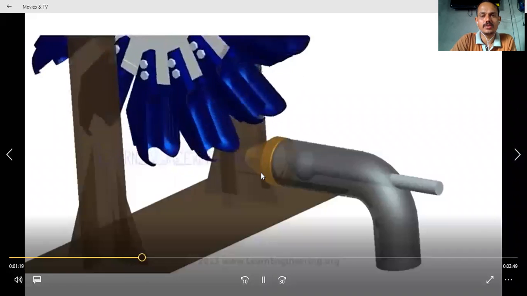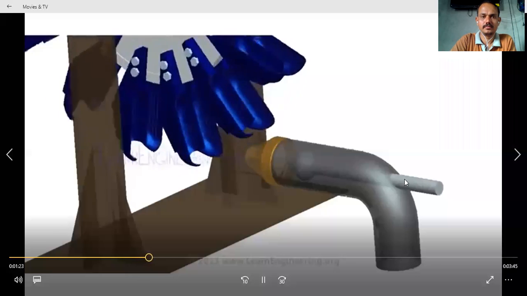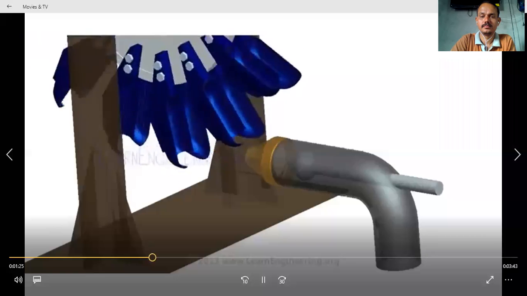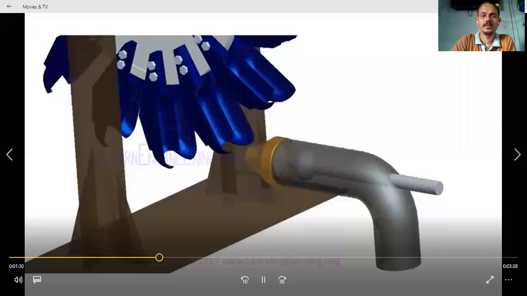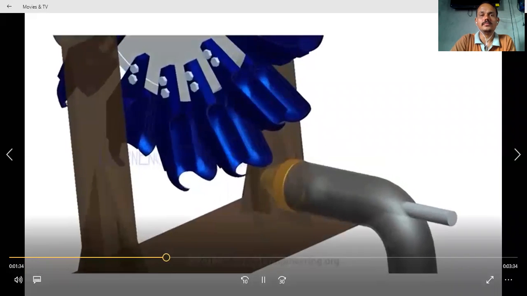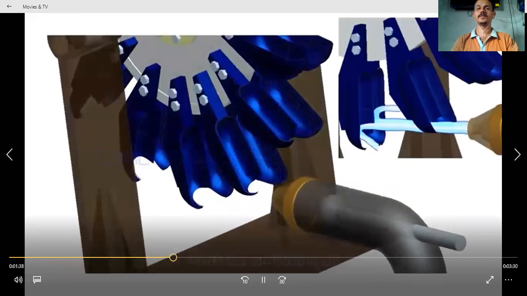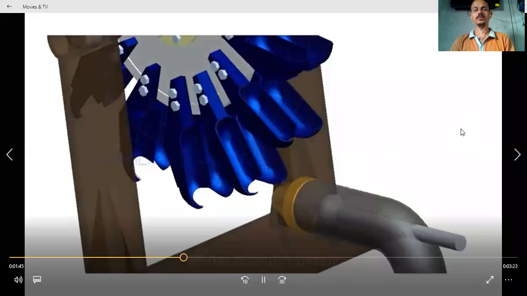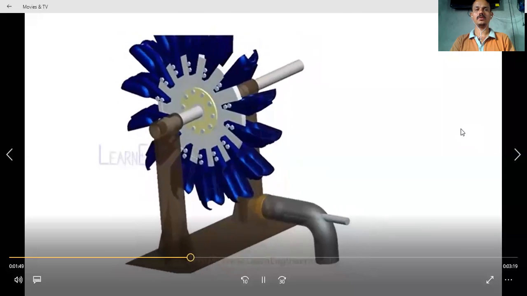It will increase the velocity. This one is the jet, and this is how it strikes the bucket of the Pelton turbine.